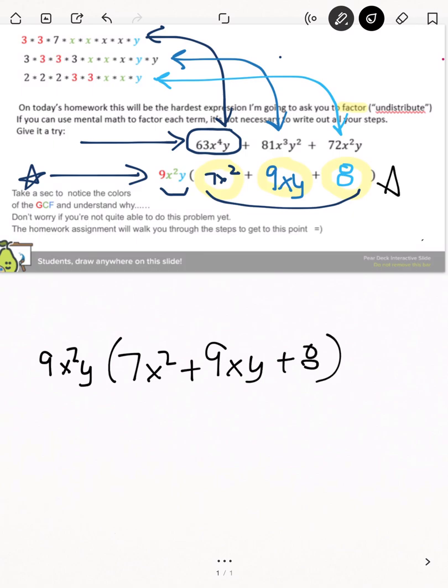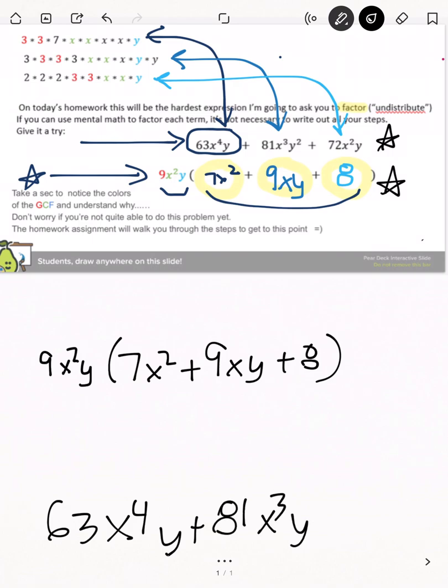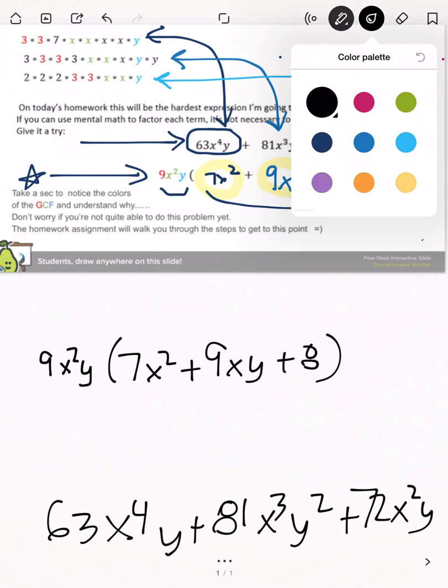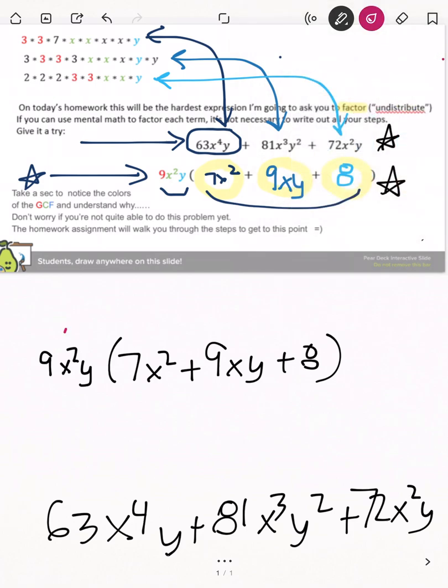I'm hoping that this answer and this answer are the exact same expressions, just written differently. 63x to the 4th y plus 81x cubed y squared plus 72x squared y. Let's try distributing that to see if that happens.